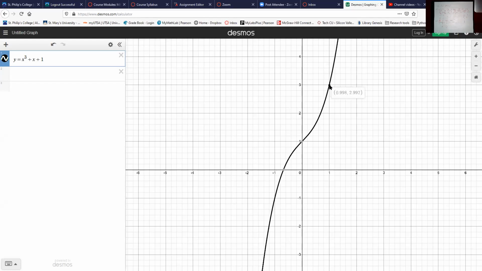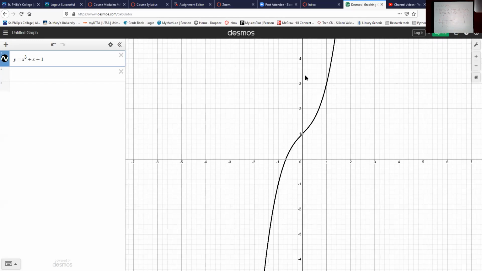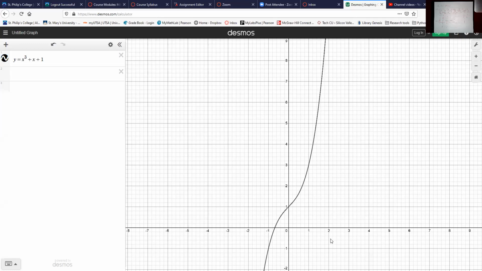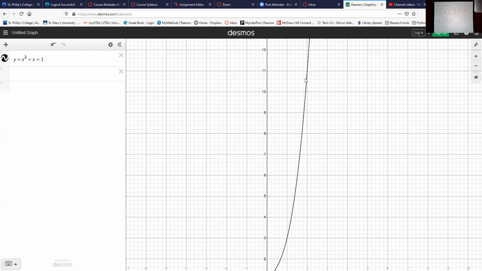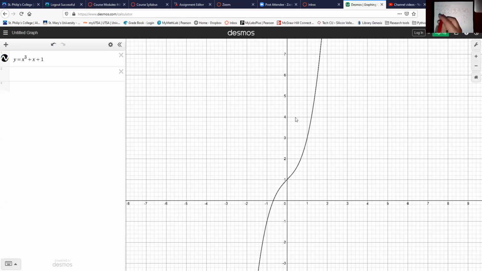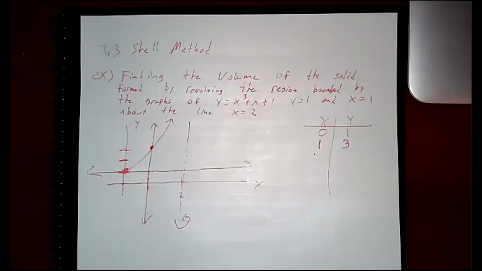Yeah, it's right there. 1, 3. So here. Then after that, it kind of shoots off. 2 is way up there somewhere. Who cares? So I'm going to have this kind of shape. Okay. All right. So there's my shape.